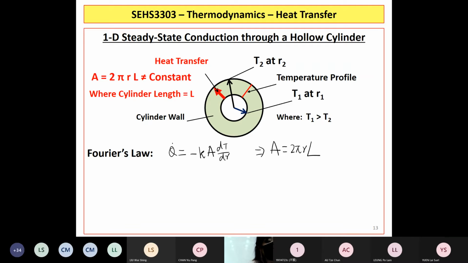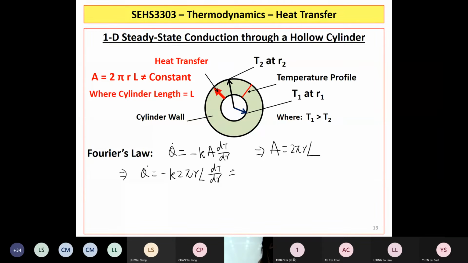So area is no longer constant. What we do is plug the calculation of area into this equation.